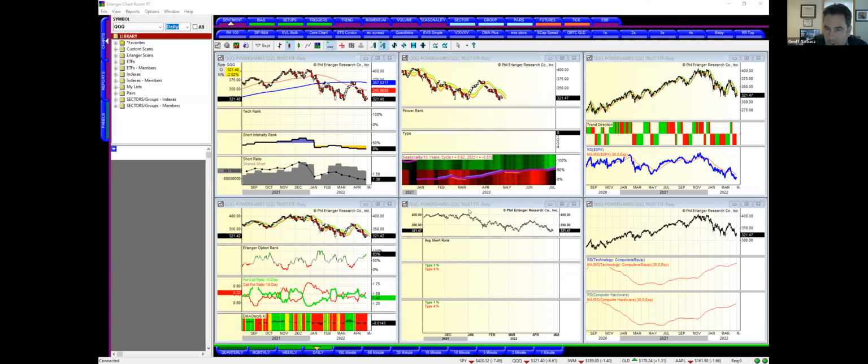Oh, lovely. This is actually a good example of looking at the option rank down here, the red dots and the green dots. You have some put buying coming in at these lows, and I think that might be part of the squeeze we got yesterday.